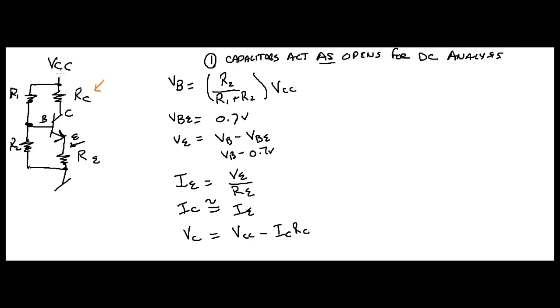So you're starting with VCC, you know the current and you know the resistance, so you need to subtract the voltage drop across RC to get VC, right? And finally, VCE is going to equal VC minus VE. And here's your VE, which you already figured out, and here's your VC. And that is your DC analysis.